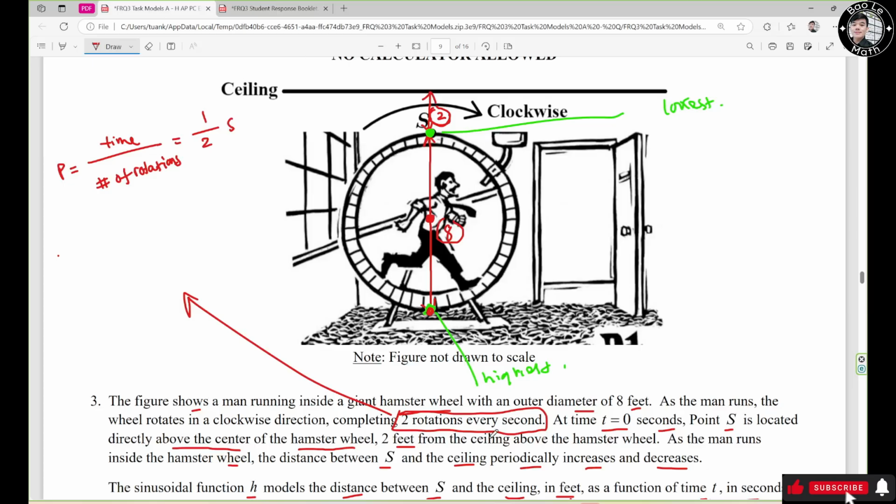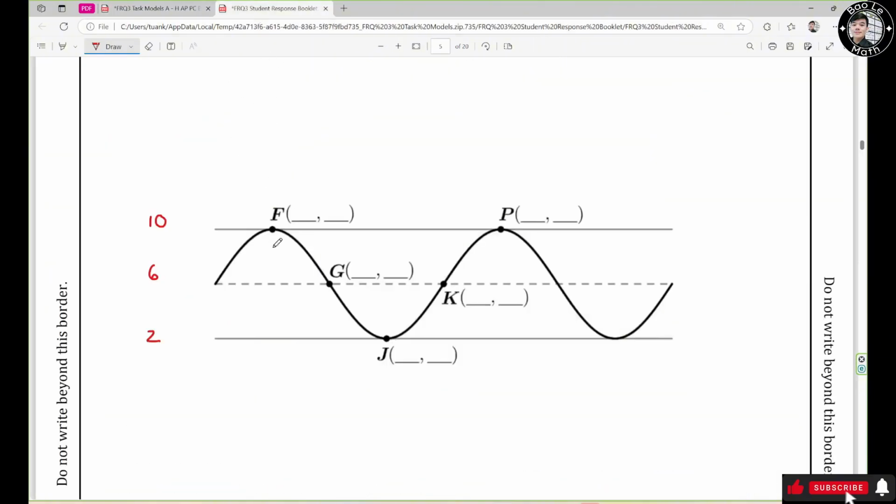Now, at time t equals 0 seconds, point S is located directly above the center. Point S right here. So at time t equals 0, point S is the lowest point. Now look at this one right here, point F is the highest point.